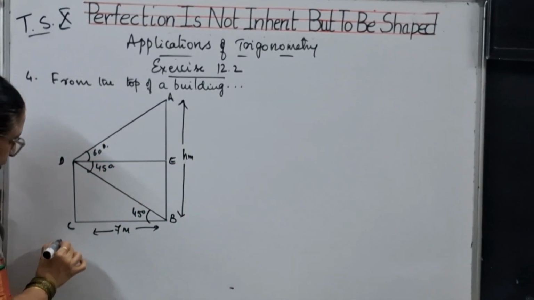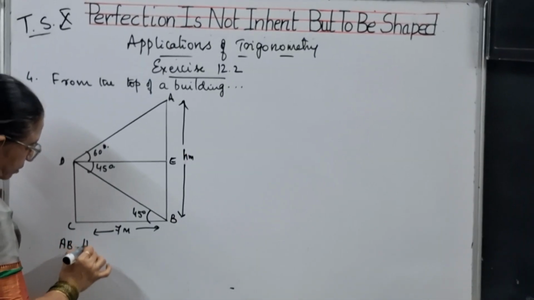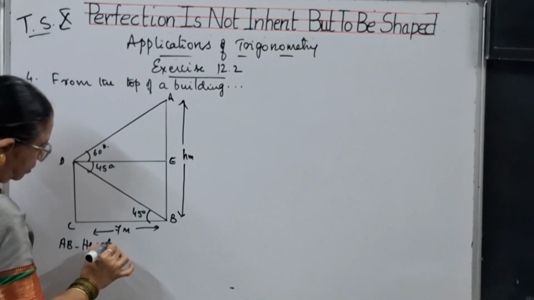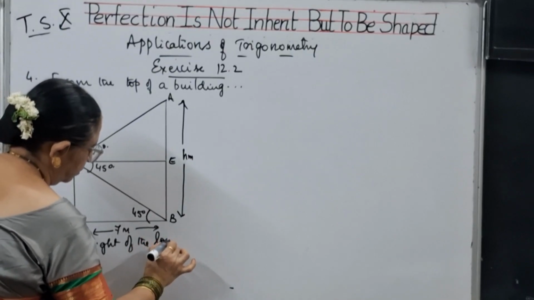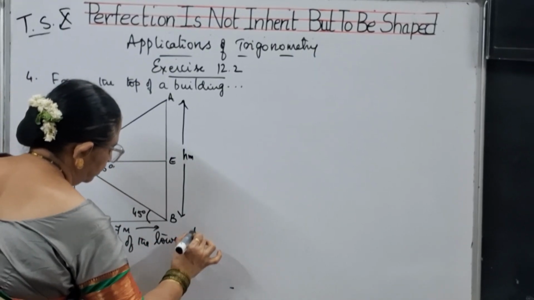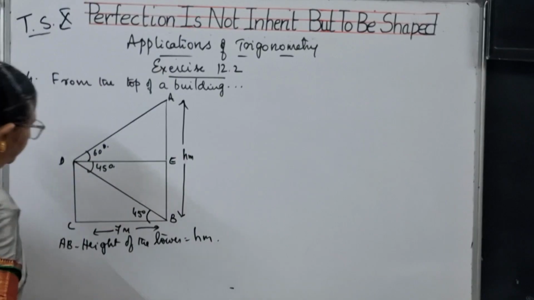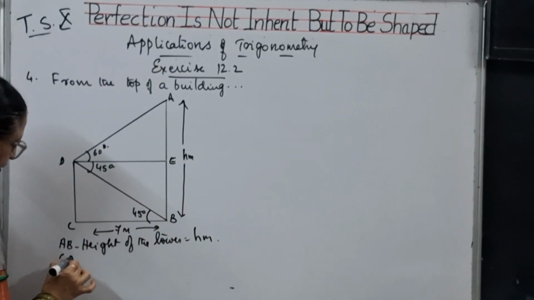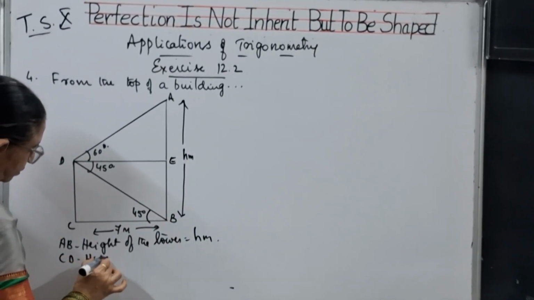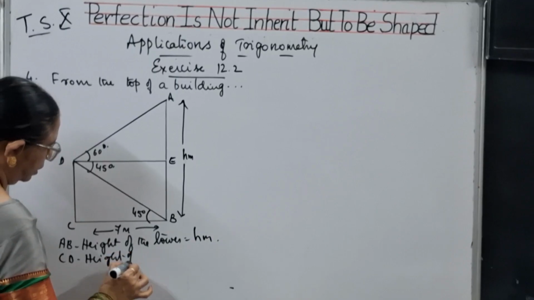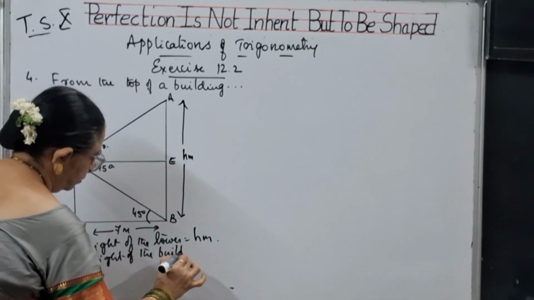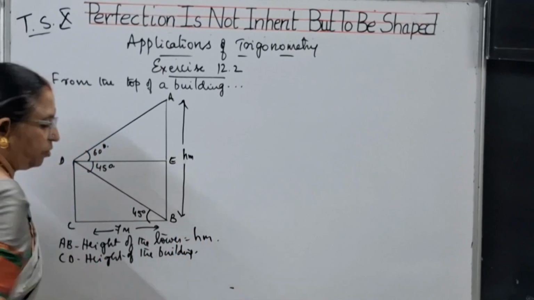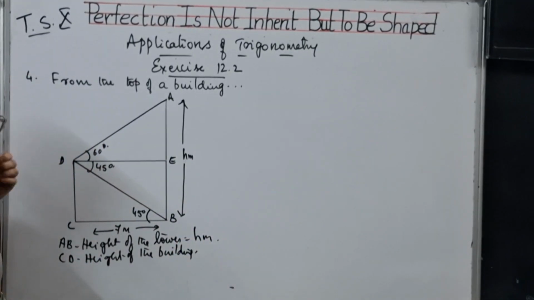So what is given to you? AB is the height of the tower, that is equal to H meters. CD is the height of the building. So they have not given any height of the building.